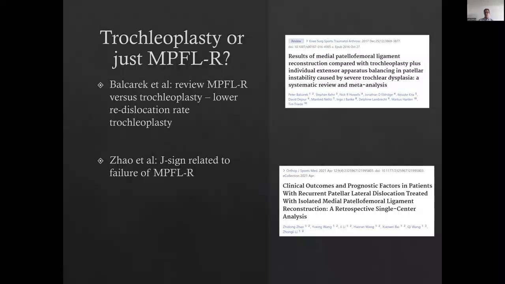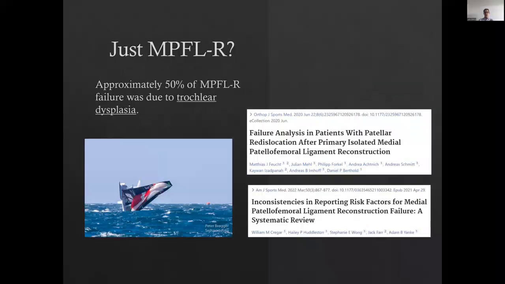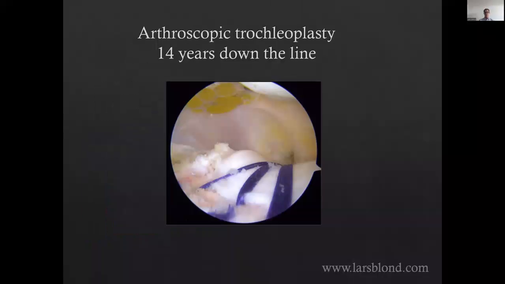So the medial ligament couldn't stand the forces and therefore ruptured. If we look at the papers focusing on failures after MPFL reconstruction, they say that in about 50% of the cases, it's due to trochlear dysplasia. The other important factor is wrong femoral attachment site, but that's another thing.